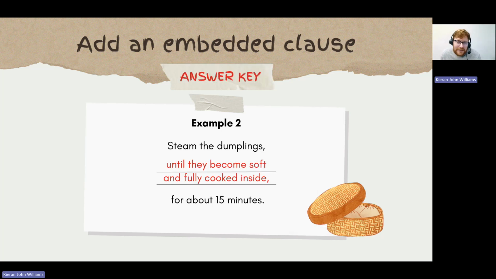In this completed sentence, the embedded clause is "until they become soft and fully cooked inside." This addition explains what we are waiting for while the dumplings steam. It also clarifies the purpose of the time mentioned. The sentence becomes much more precise, and it gives the reader the opportunity to understand exactly what the cooking process aims to achieve.